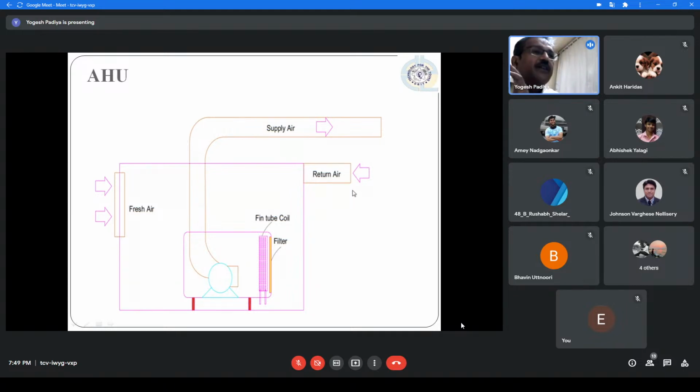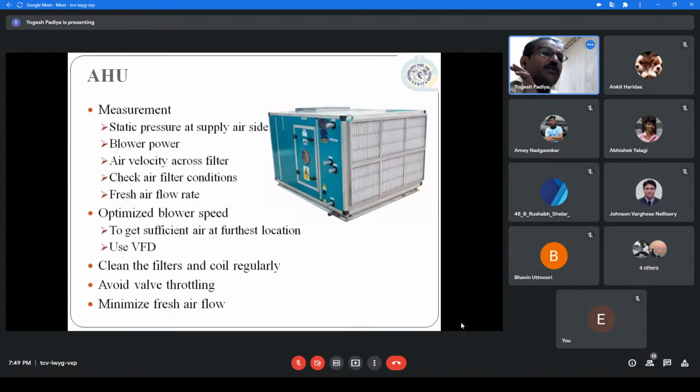Fresh air plus return air, these two mix, and then that air passes over the coil and is supplied to the room. So this is how the AHU looks at various places. It has a filter, a coil, an outlet, and inside you have a blower. The air comes, gets filtered, passes over the coil, and gets cooled.